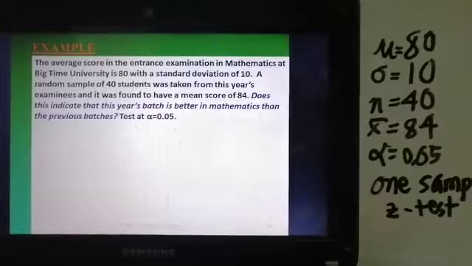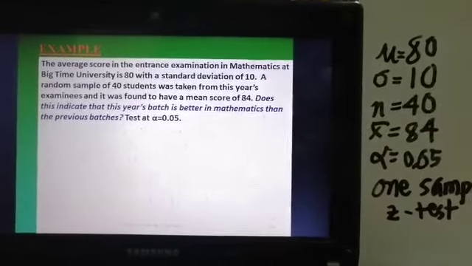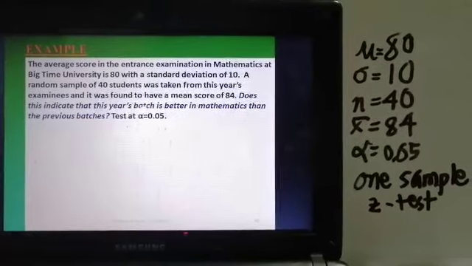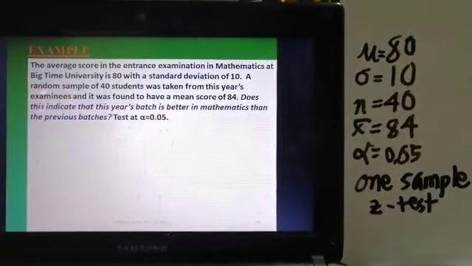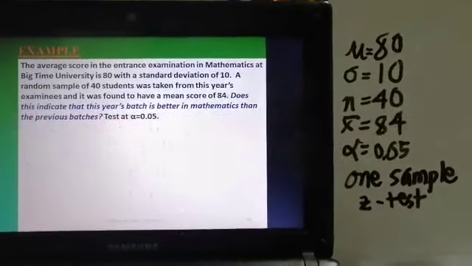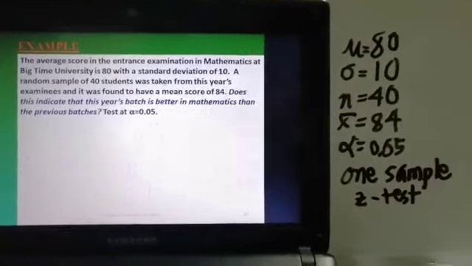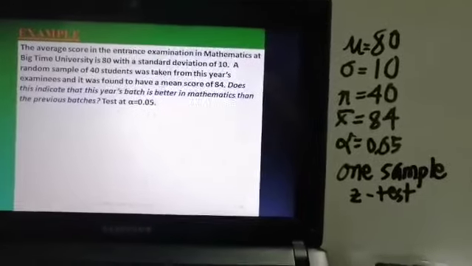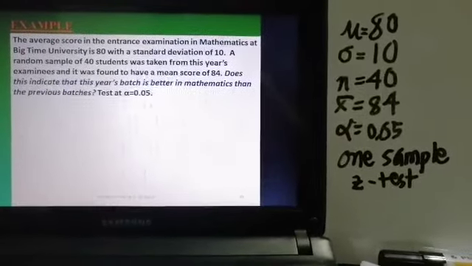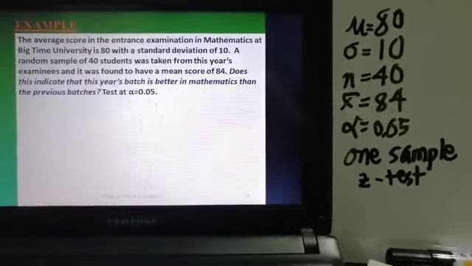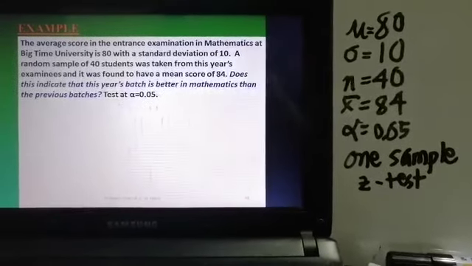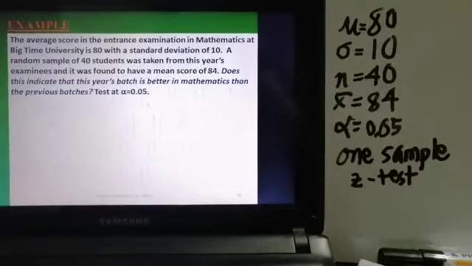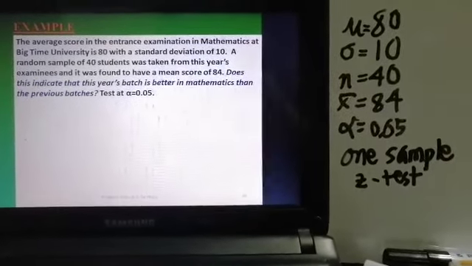Does this indicate that this year's batch is better in mathematics than the previous batches? How do you find it different from the previous example? Notice that this time we already have a claim that one is greater than the other.